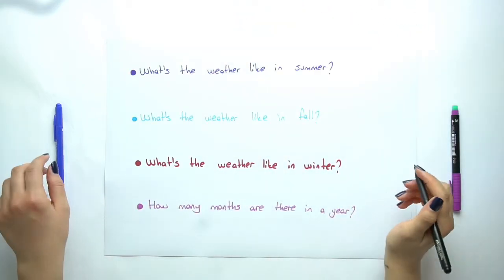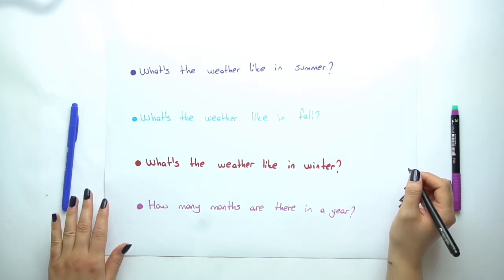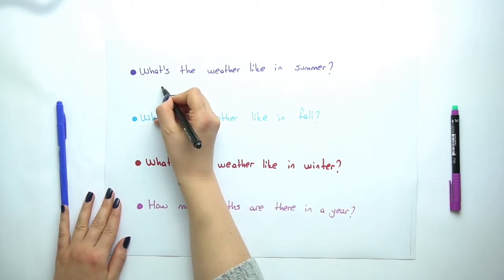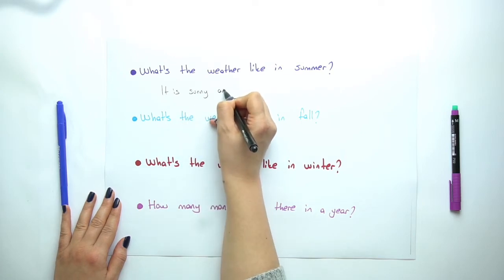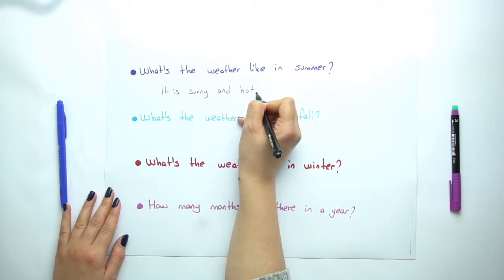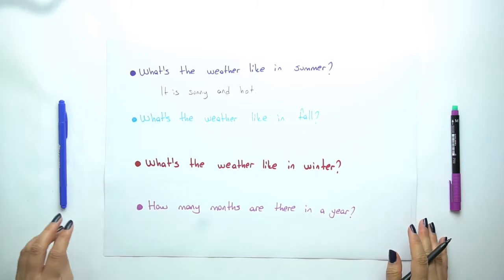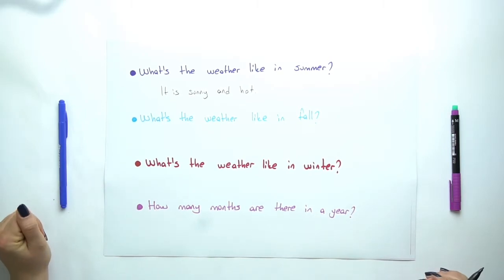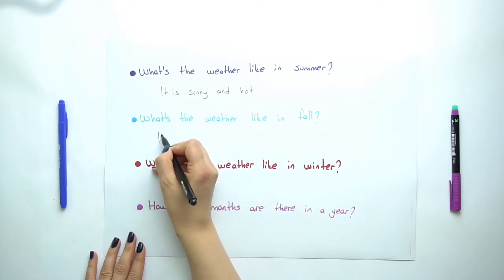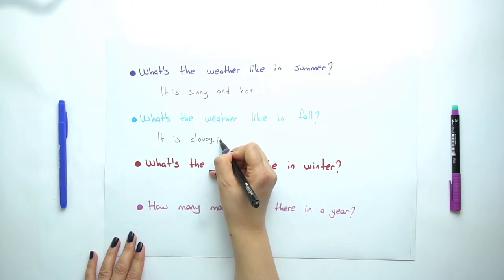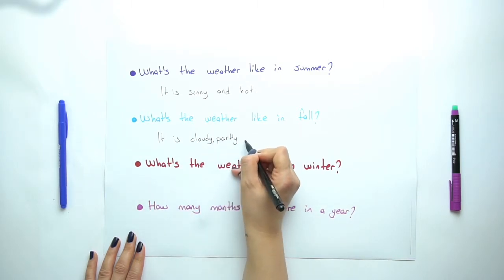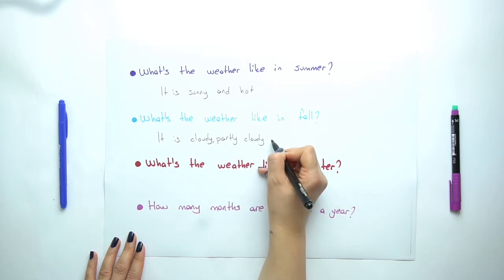What about summer? What's the weather like in summer? In summer it is sunny and hot. Now we will continue with fall. What is the weather like in fall? In fall it is cloudy, partly cloudy, and rainy.